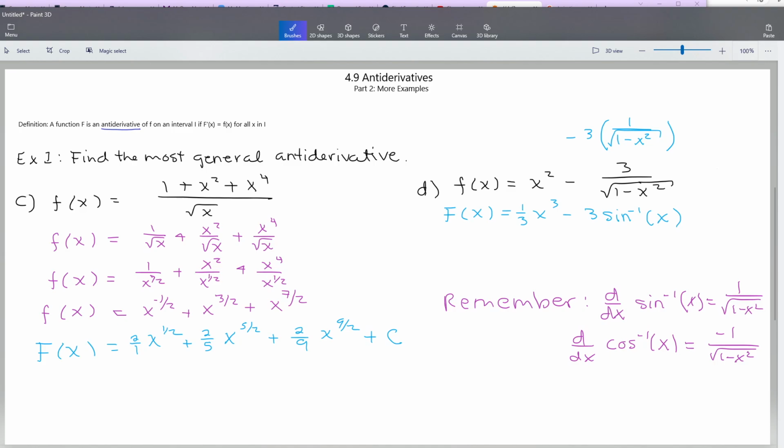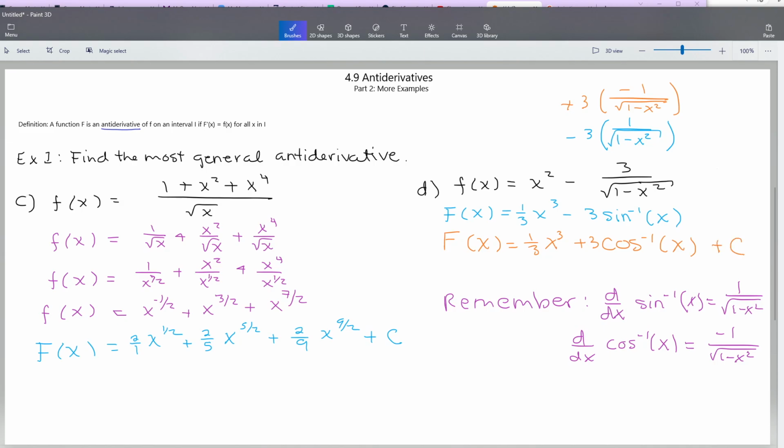But if instead we see this as plus 3 times negative 1 over the square root of 1 minus x squared, then this part is the same. We would have plus 3 times cosine inverse of x, right?